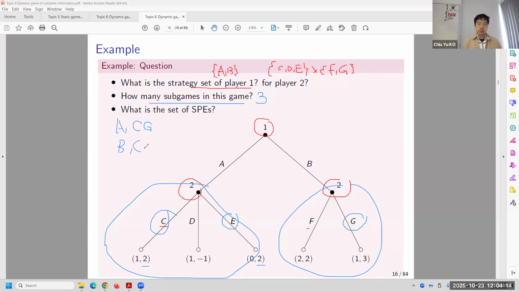They are both subgame perfect Nash equilibrium. Under EG, player 1 chooses A, gets 0. Chooses B, will get 1. So only B. So that's why you have 3 subgame perfect Nash equilibria.